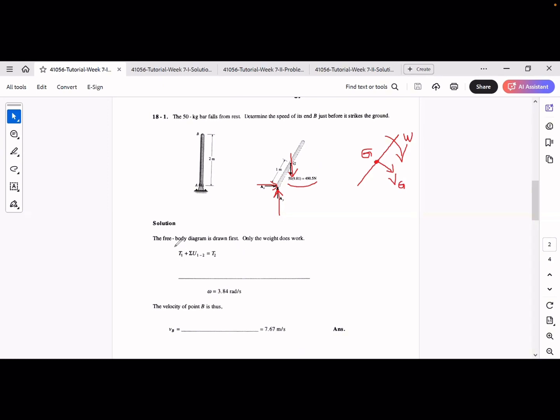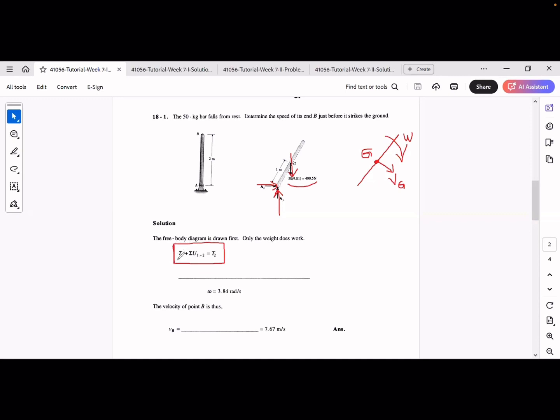Let's note the principle of work and energy: T1 plus the sum of work done from 1 to 2 is equal to T2. That's the principal equation.